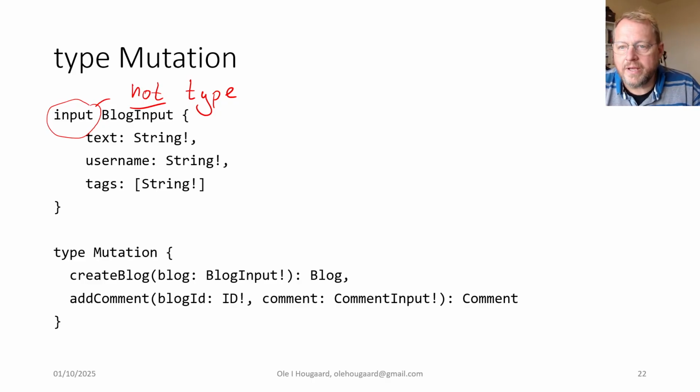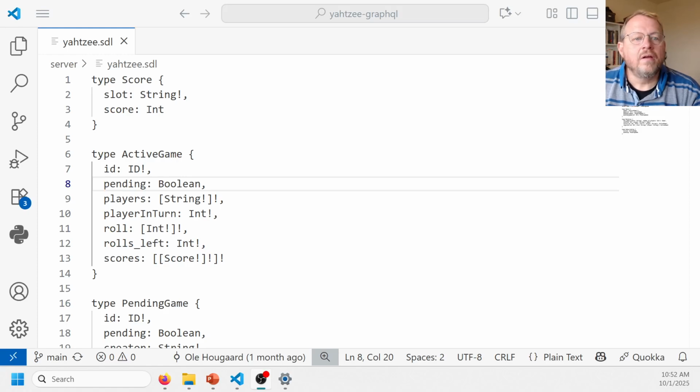With all that in place, we have our interface, and we can start coding. So here we see the full GraphQL schema definition, and you can see it's an SDL file.